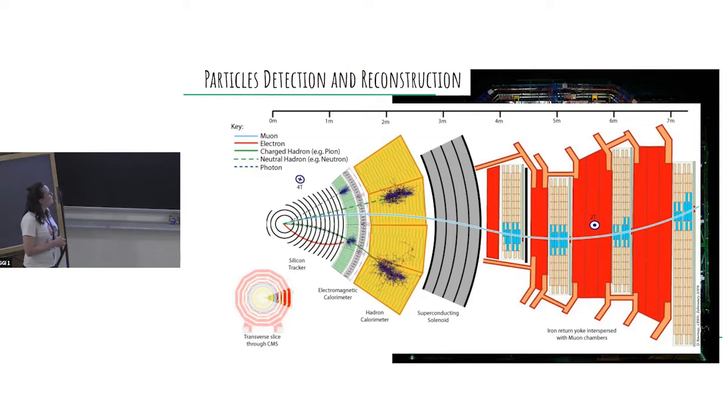Just a curiosity, these red parts are called the return yoke of the magnet. They are huge blocks of iron, and they are there to allow the magnetic field to go back and close the field lines, so that the muon particle trajectories are bent also in the outside part, and we can reconstruct and measure the momentum of the muon particles so well in the muon detector.